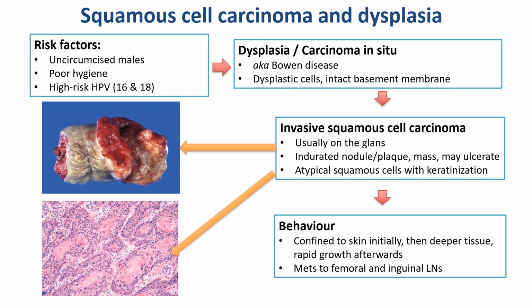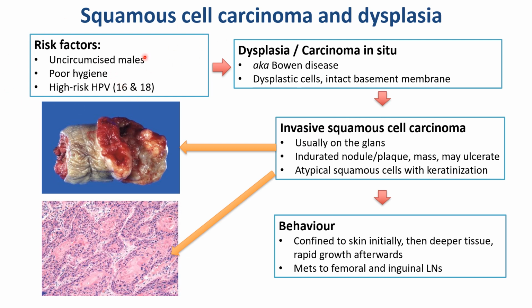So just briefly on penile squamous dysplasia and squamous cell carcinoma. Dysplasia and carcinoma will be discussed together because, as you know, dysplasia is the precursor for squamous cell carcinoma.